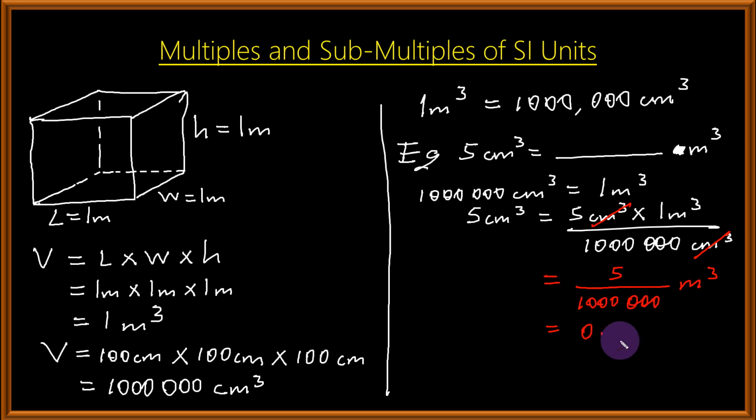My number is going to have 6 decimal places. 1, 2, 3, 4, 5, 6 meters cubed. So the correct answer here will be 0.000005 meters cubed.